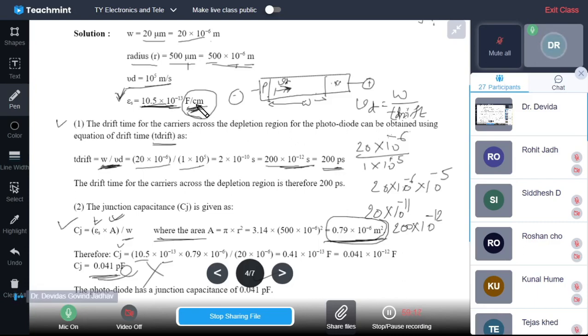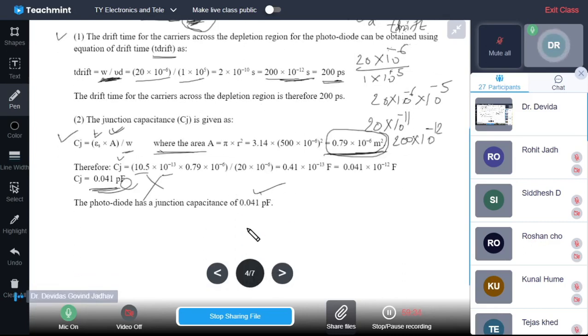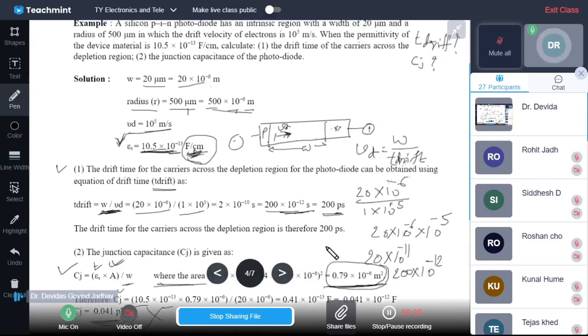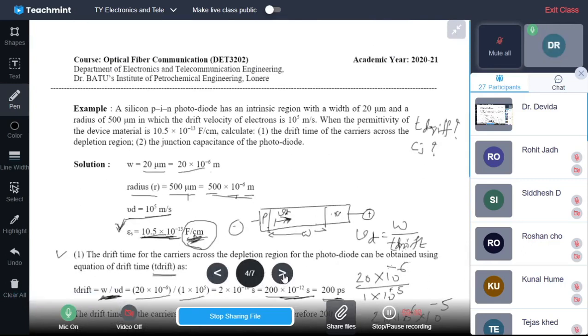So this you can change by substituting 100. So 10.5 into 10 to minus 15 farad per meter. So you can substitute and then you can solve. This is given to you as an assignment. So solve it.